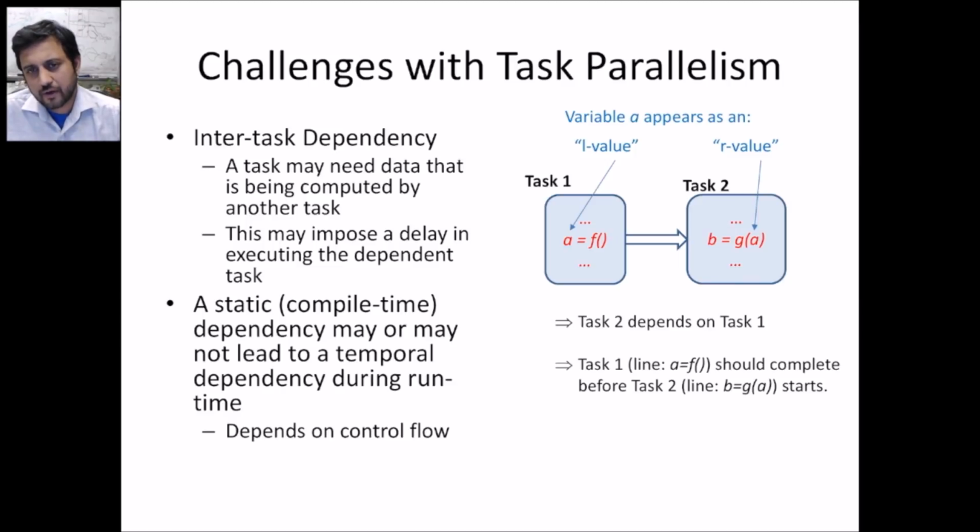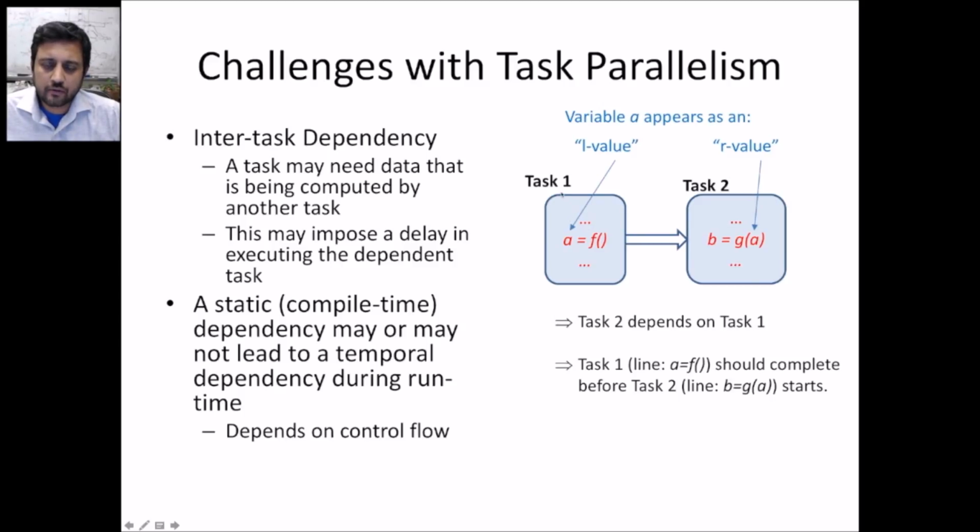As you could have rightly imagined by now, there are a few challenges that we have to deal with when we look at task parallelism. The main challenge arises because of the dependency between tasks. Let's call this inter-task dependency. For example, there are two tasks shown on the right. Think of these as two functions in your code.